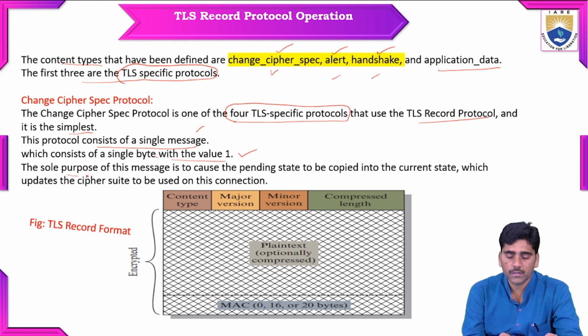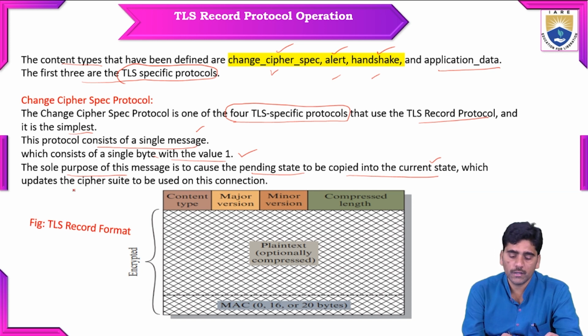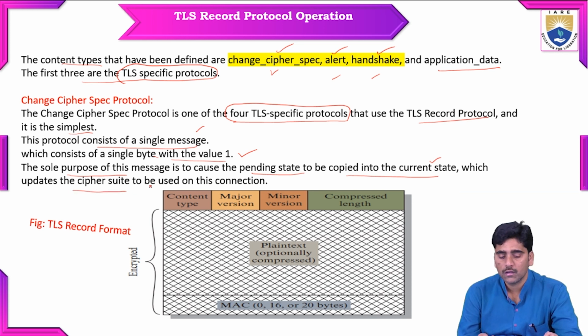The sole purpose of this message is to cause the pending state to be copied into the current state, which updates the cipher suite to be used on this connection.